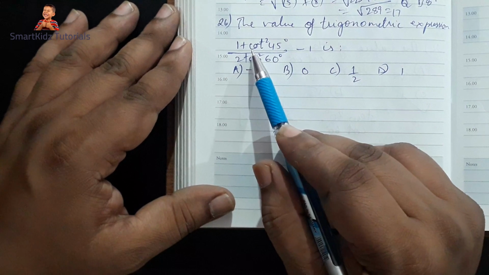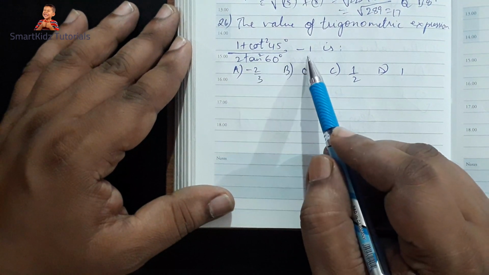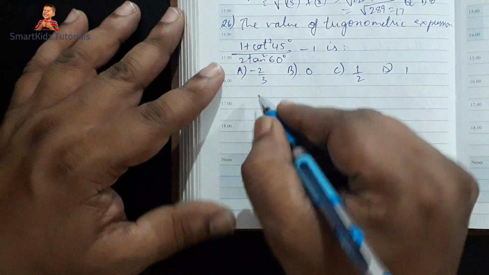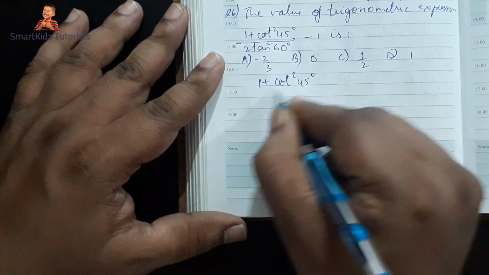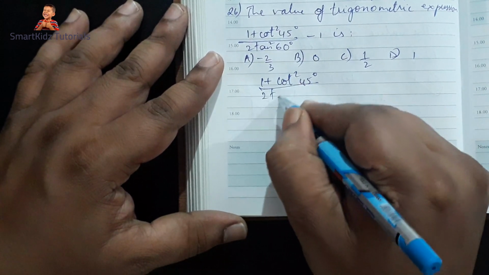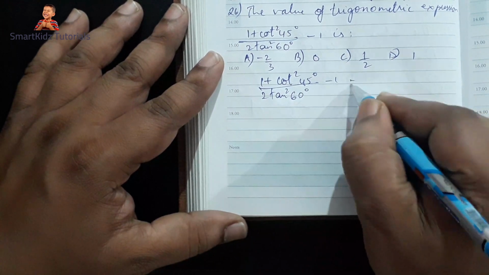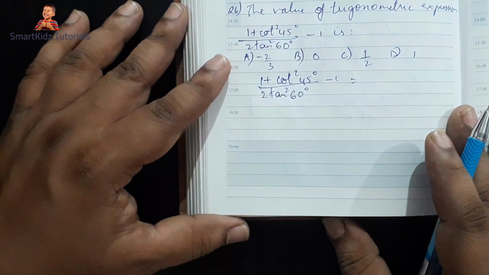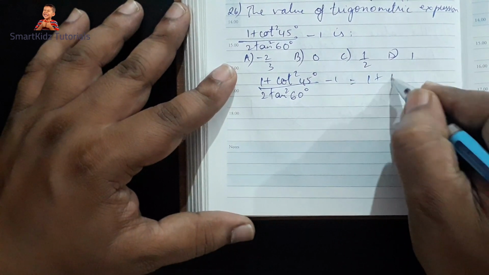Next, the value of the trigonometric expression 1 plus cot square 45 degrees upon 2 tan square 60 degrees minus 1 is what? I'll just write it over here. 1 plus cot square 45 degrees upon 2 tan square 60 degrees minus 1. Okay, and that will be equal to 1 plus cot 45 is 1.